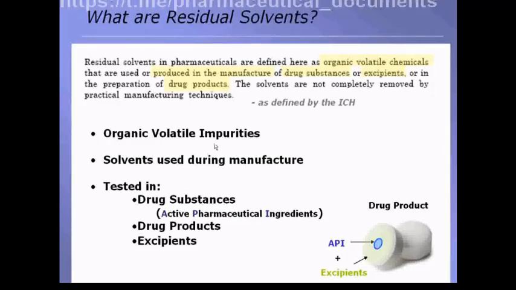It's an organic volatile impurity, OVI, and also where we need to test for it: in drug substances, APIs, drug products, and excipients. So anything used to produce or formulate that drug compound, or in this case a dietary supplement, needs to be proven that it does not contain organic volatile impurities or residual solvents.